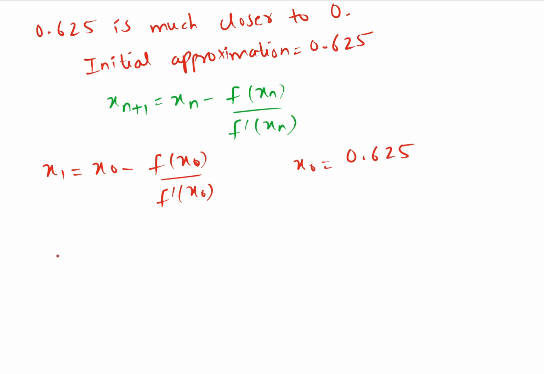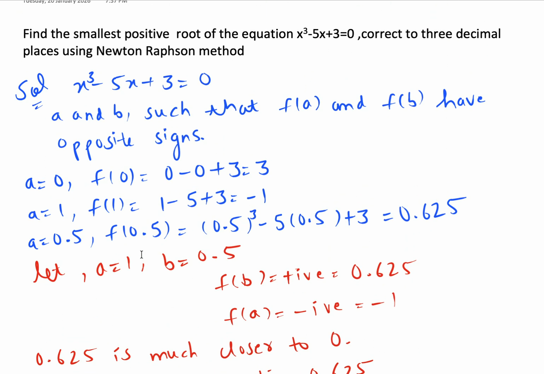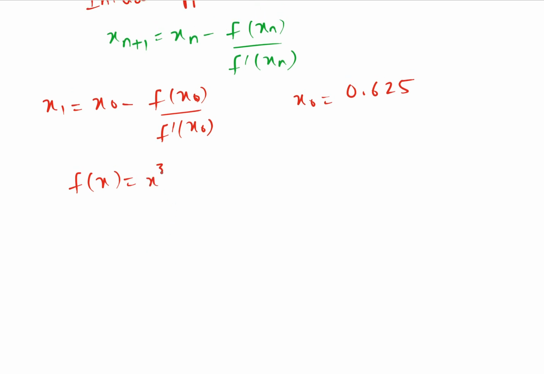We have to calculate one more value. f(x) was x cube minus 5x plus 3. So what will be our f dash x? We need to differentiate it with respect to x. It will be 3x square minus 5.